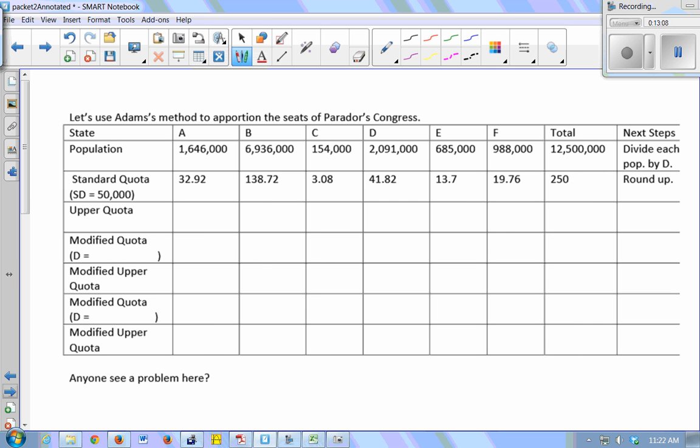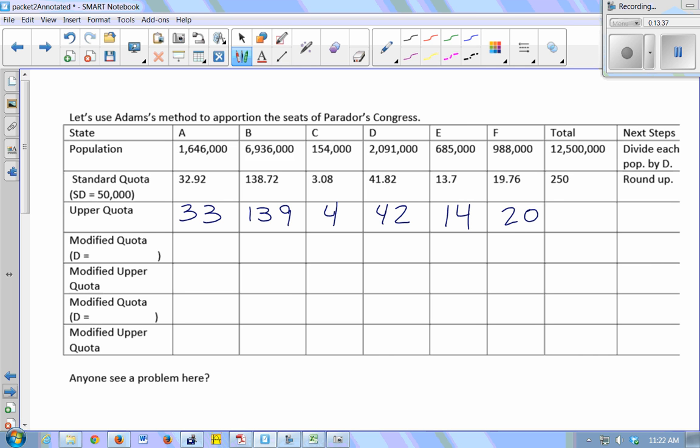So for Parador's Congress, here's my populations, my standard quotas, all the same, right? When I add them up, I get exactly 250. And Adams' method says, okay, now bump everything up. Now go up to the next number to get the upper quota. So I have 33, 139, 4, 42, 14, 20.